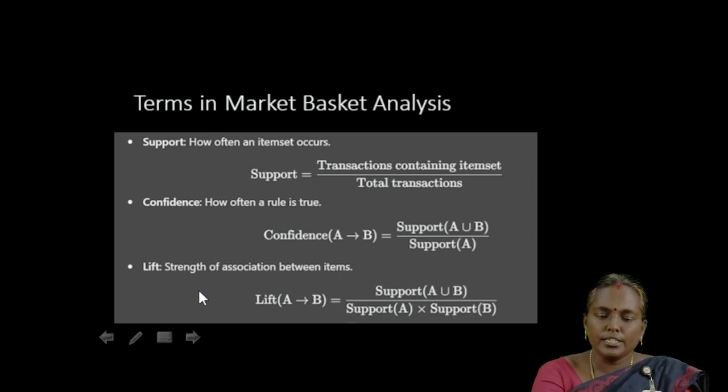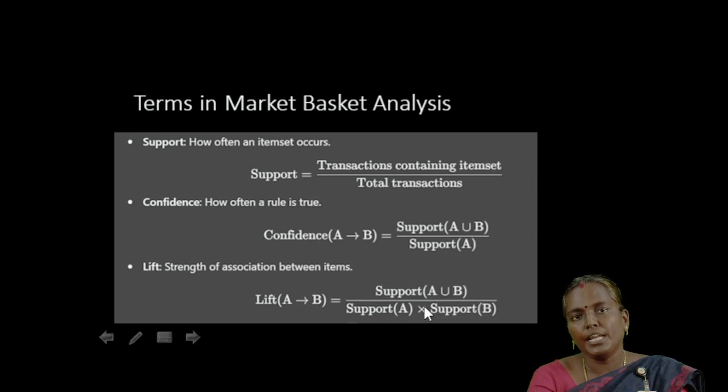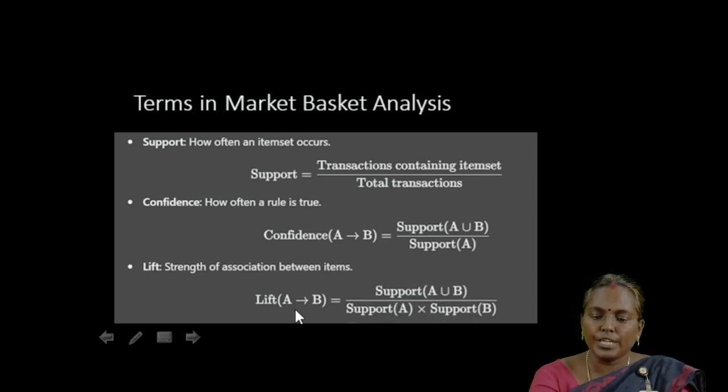Then the next condition we are going to check is the lift. Here the lift is going to specify the strength of association between the items. The formula is as follows: lift of an item A which tends to the buying pattern of item B will be equal to the support count of A union B divided by the support count of A into the support count of B. This will say the association of A with B and give its strength value.